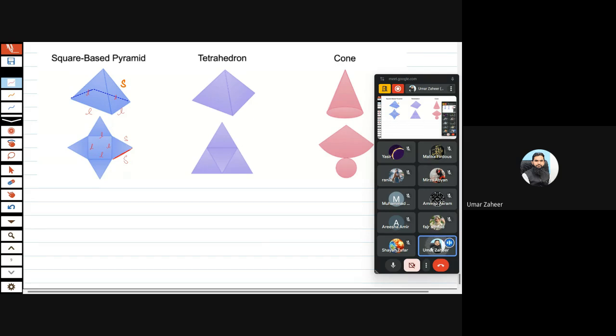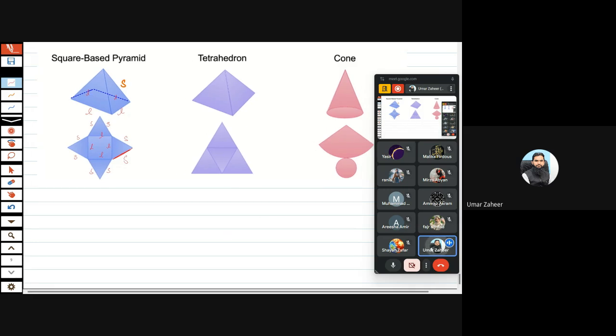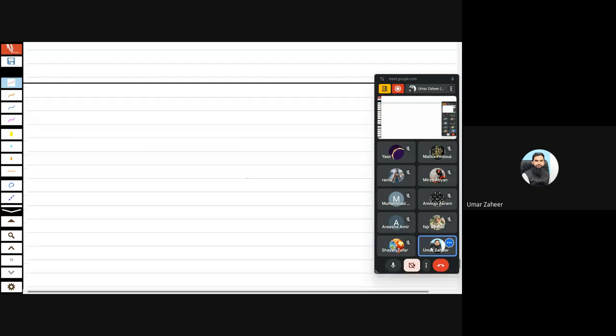Okay, now the good thing for the square base pyramid is that all the triangles are going to be exactly equal. This one, this one, this one, this one. Look at here, all of these triangles are congruent. They are the same. But for example, if I make a pyramid that is not a square base but a rectangular base, one second, I will draw it here.